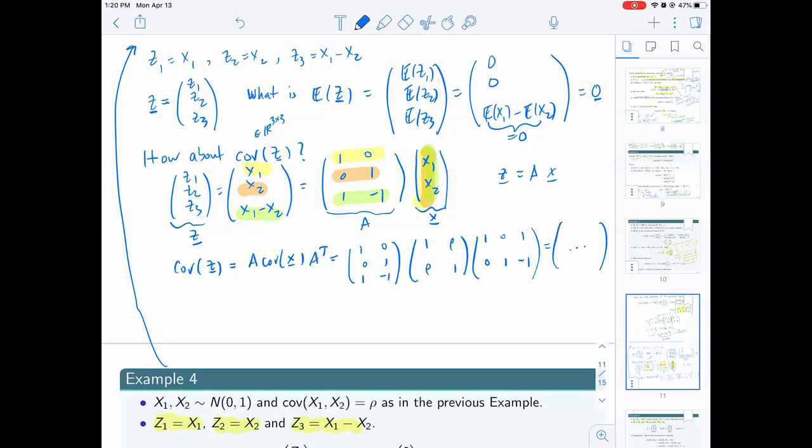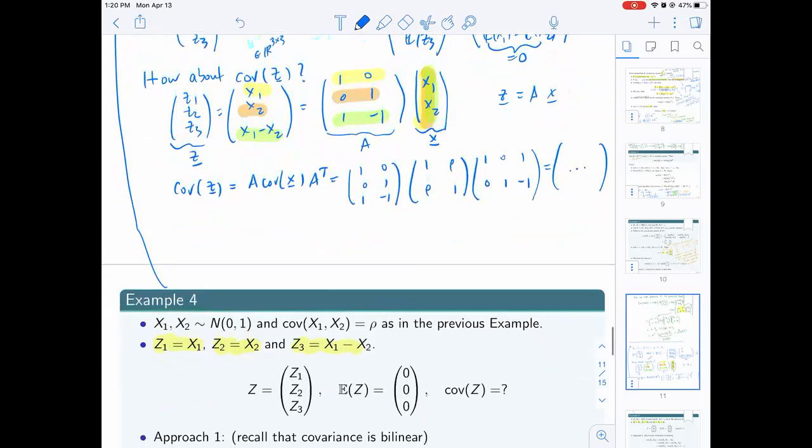How about if you wanted to do it directly? If you wanted to compute each component, that would be approach 2; this was approach 1.